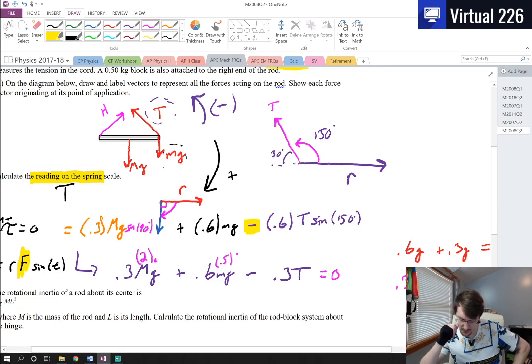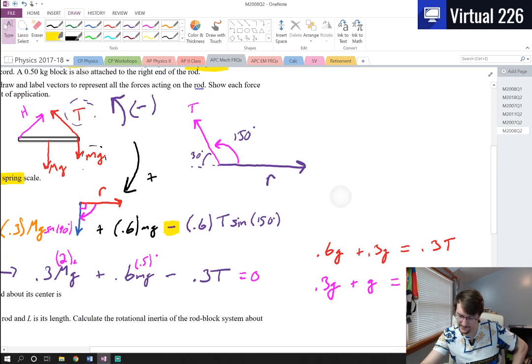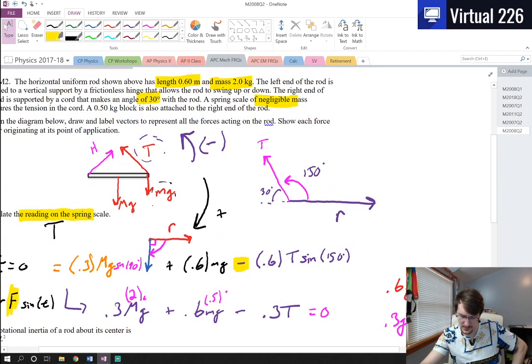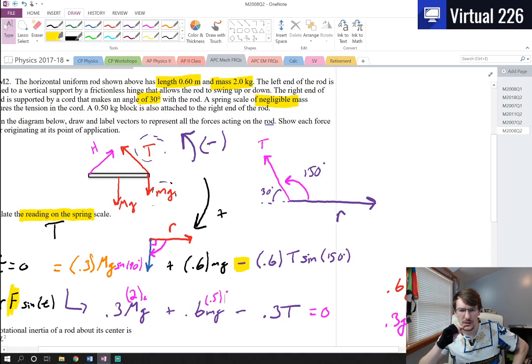That's 0.6. That's 0.3. Where did I divide wrong?